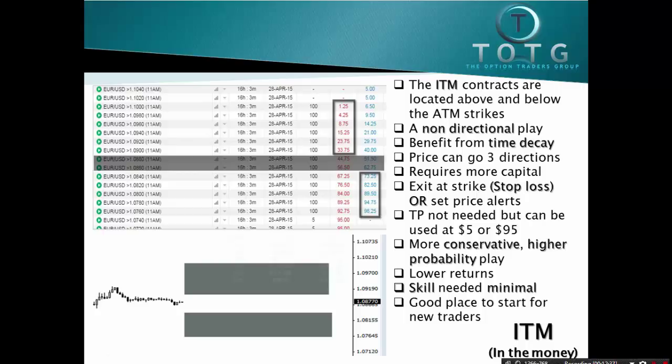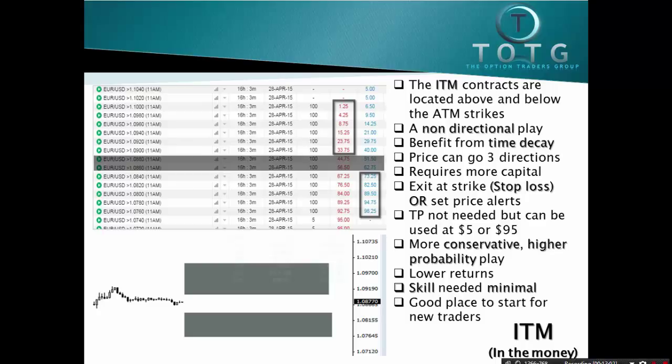It's a safer trade, a higher probability trade, but it's going to be more expensive to put up. In this case, where you would make 23, you would have to put up just over $70, about 76.25, to make that trade possible. That's the capital required to put that trade up.